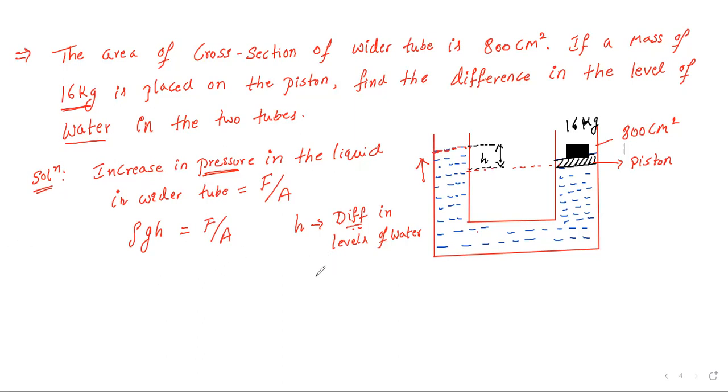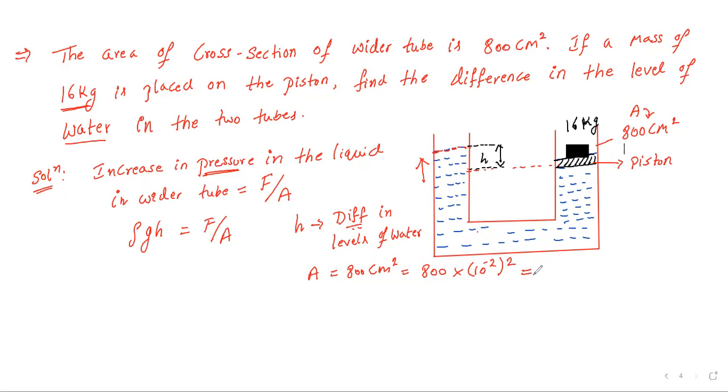And the area value is how much? 800 centimeters square, it is given here. Just convert it into meter square first. So that is 800 into 10 power minus 2, the whole square. Centi means 10 power minus 2, and since there is a square, it is 10 power minus 2 whole square.